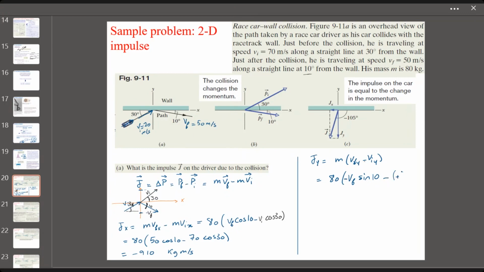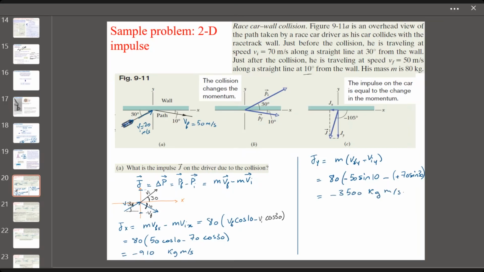So this is going to be 70 sine 30, and v final is 50. I can substitute that. I can calculate the impulse. It will be minus 3,500 kilogram meters per second.